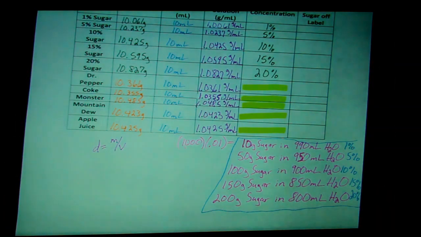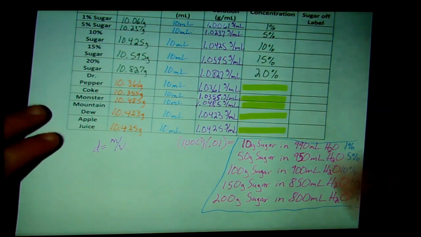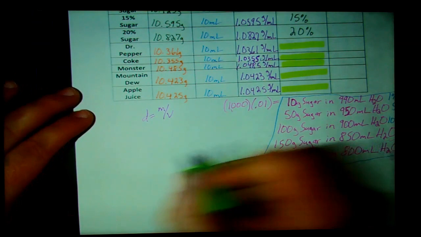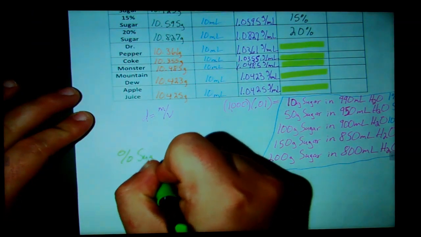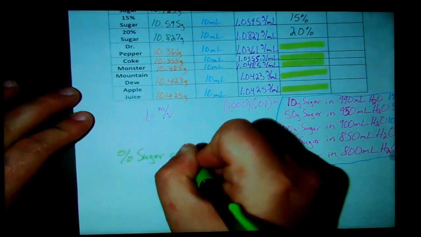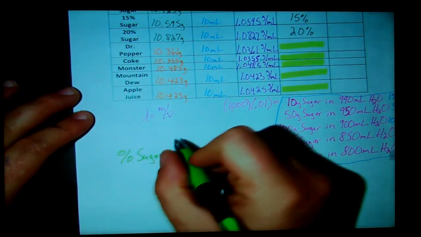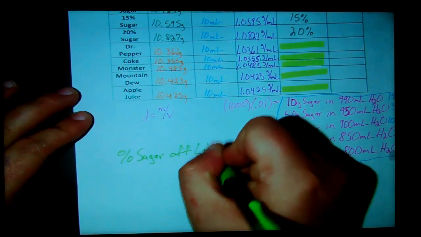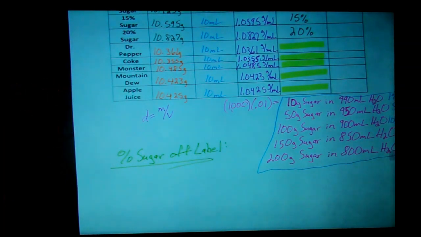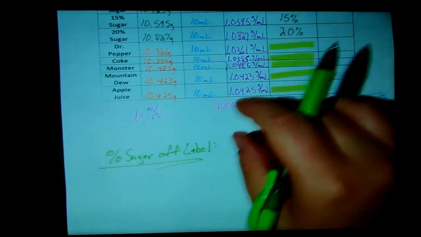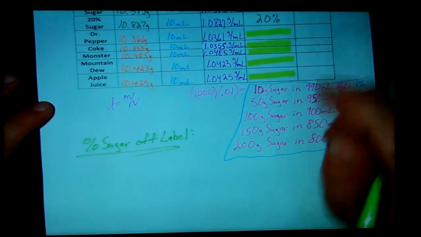So in this, we're going to calculate this stuff out, but I got to show you how we did this, okay? So to get the percent sugar off label, I'm going to do it in this lime green. You got to do a calculation, okay? This calculation is very simple.